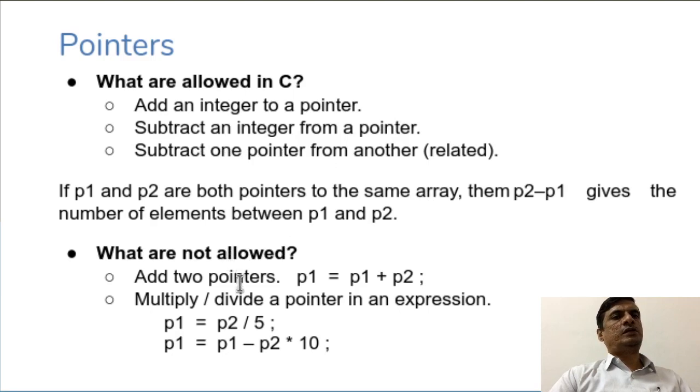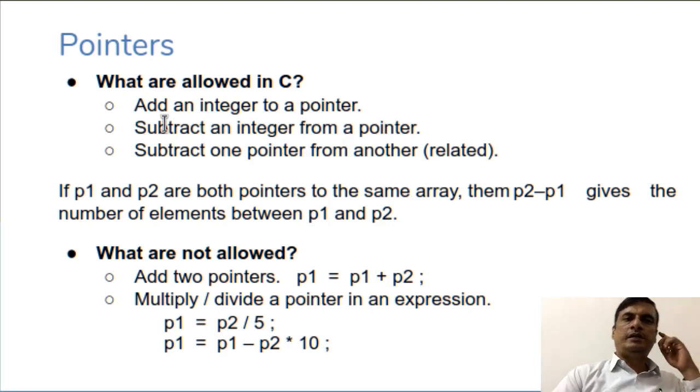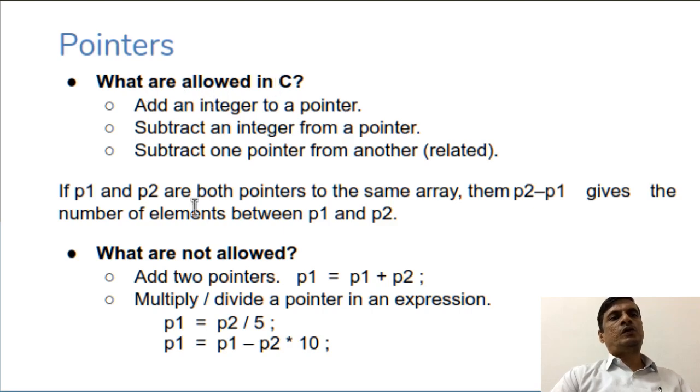But what is not allowed is this: star p1 equal to star p1 plus star p2 is allowed, but directly I cannot use p1 equal to p1 plus p2, it is not allowed. Similarly with respect to multiplication and division, these kinds of instructions are not allowed. So you need to have a clear distinction of where to use what, what is allowed and what is not allowed.